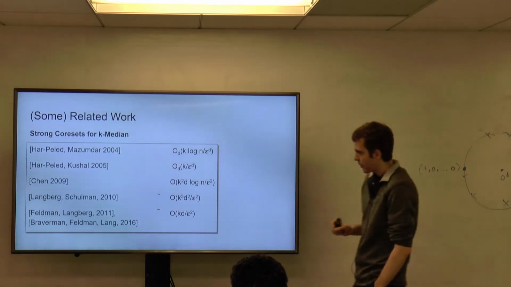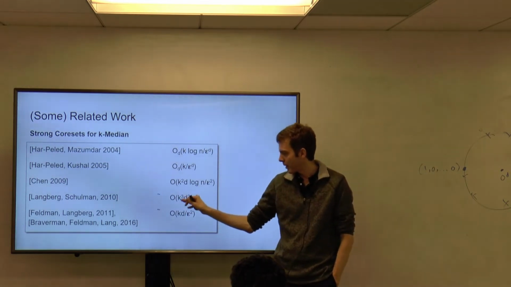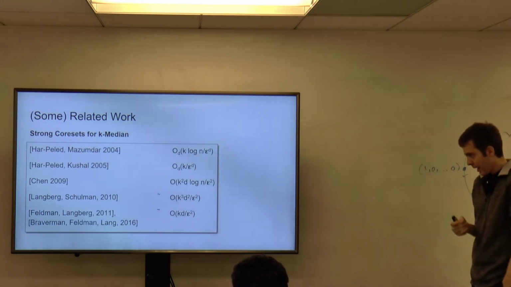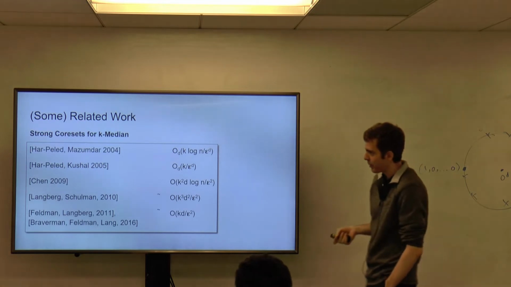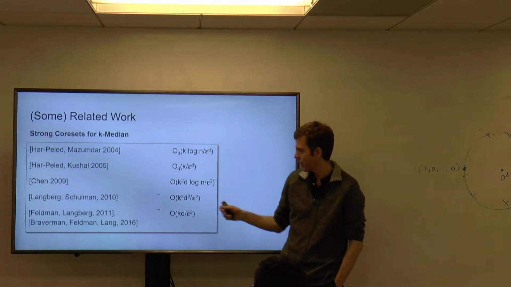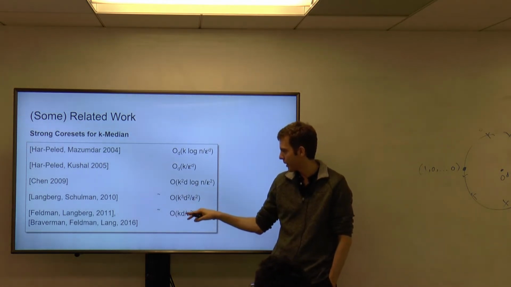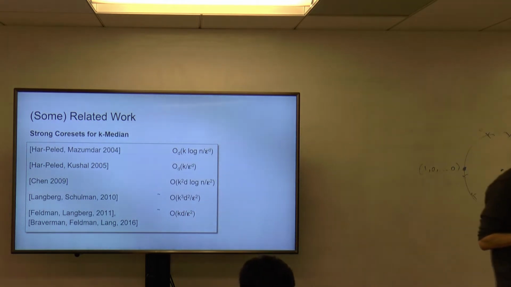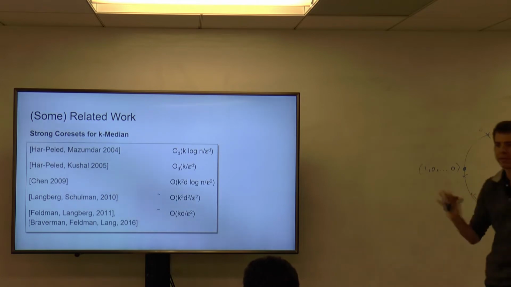Langberg and Schulman show that you can get a polynomial in k, d and epsilon dependence on the number of points in the Coreset. The state of the art before this work, due to Feldman and Langberg, and see also alternative proofs of Braverman, Feldman, and Lang, is kd over epsilon squared. So n is gone, and it's a linear dependence in d.